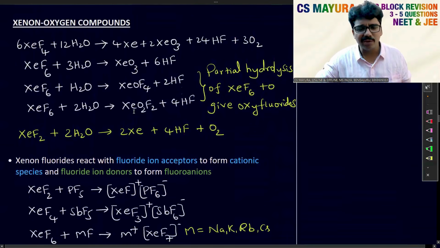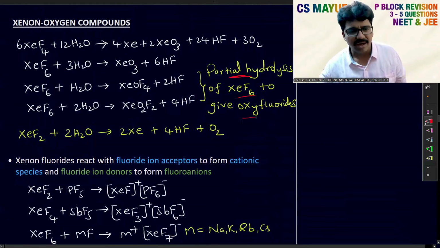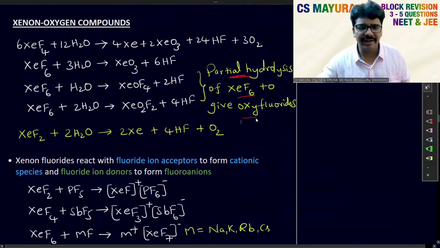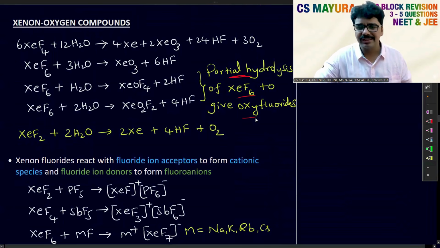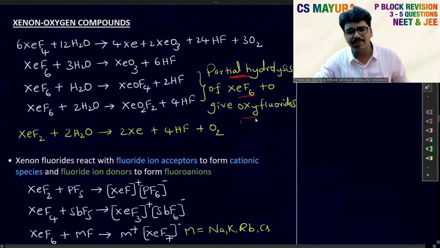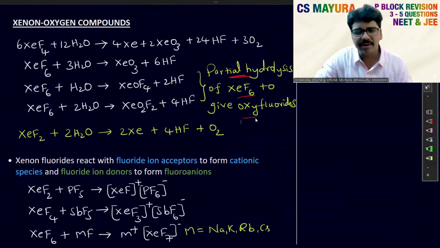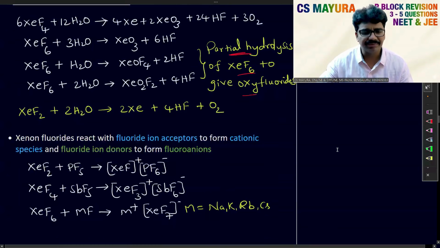Xenon oxygen compounds come from hydrolysis of XeF6: partial hydrolysis gives one product, complete hydrolysis another, so you get xenon oxides and xenon oxyfluorides. Some of these are disproportionation reactions, and that point is important. Which of the following reactions is disproportionation and which is not? We'll see this topic again.